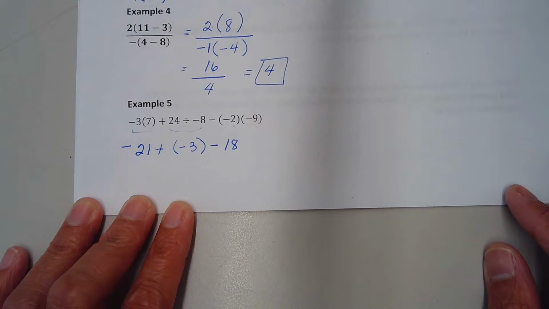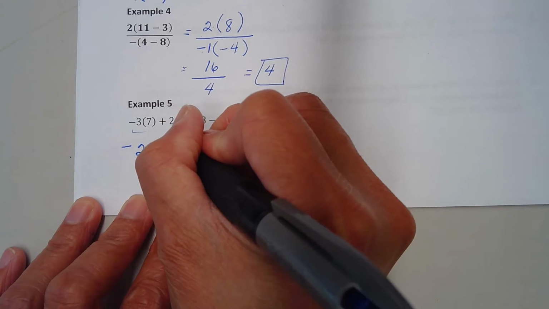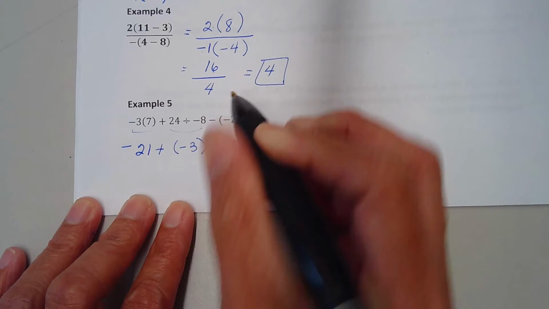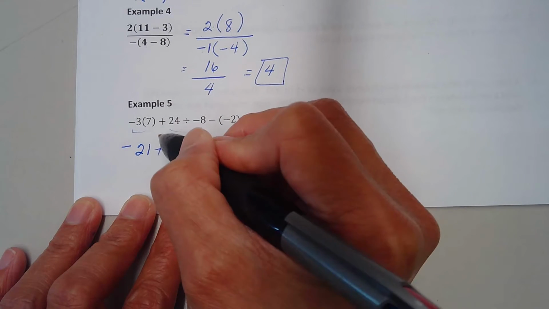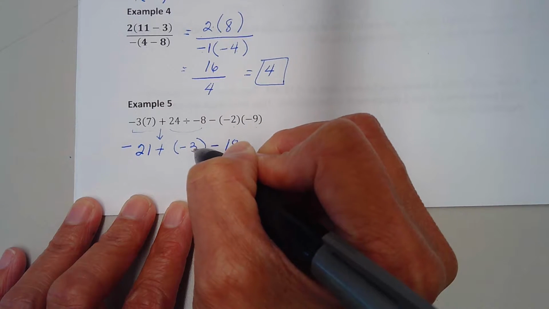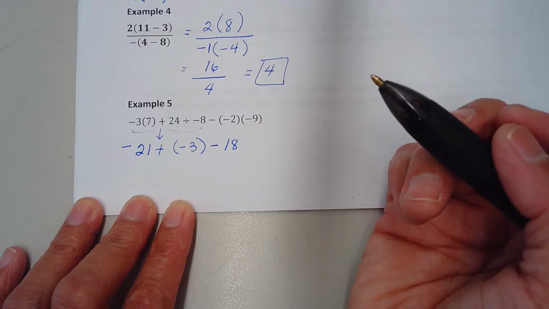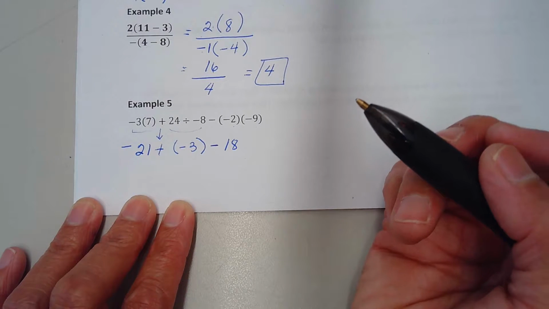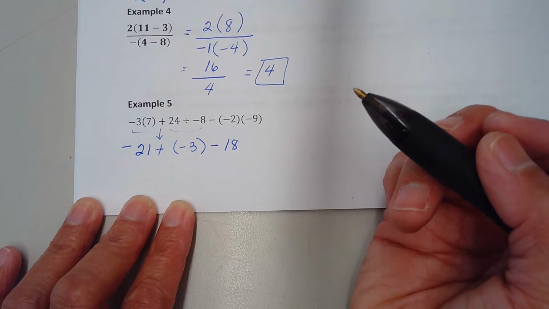Why put it in brackets? You could put it inside the brackets to indicate that there's a plus. This is that plus right there, and then this indicates that it's a negative 3. Because there are two signs. That's why.